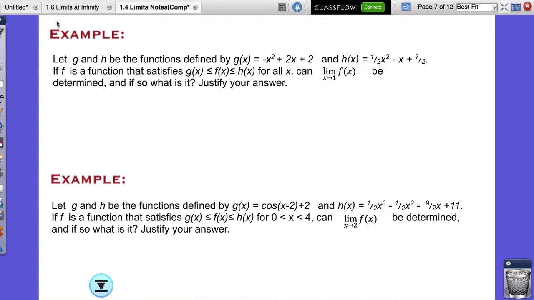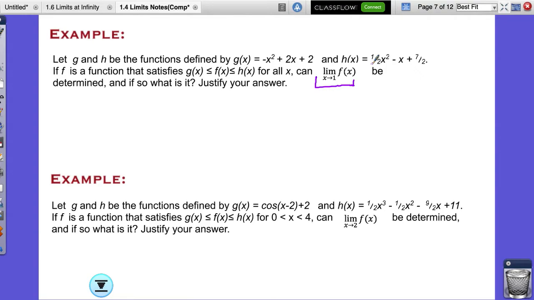Let G and H be functions defined by, and I give you a function for G. I give you a function for H. If F is some function that satisfies that F is between G and H for all X, can I find the limit of that F of X, which I know nothing about besides the fact that it's between G and H, as X approaches 1?